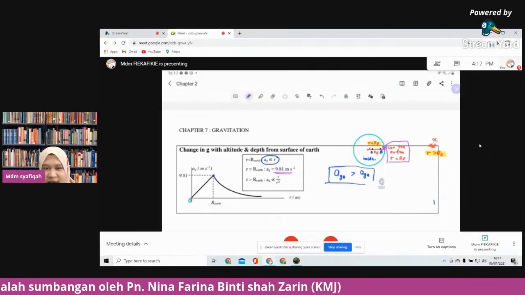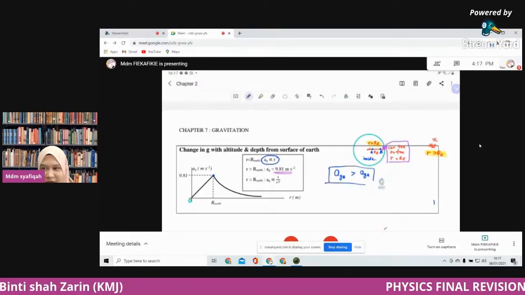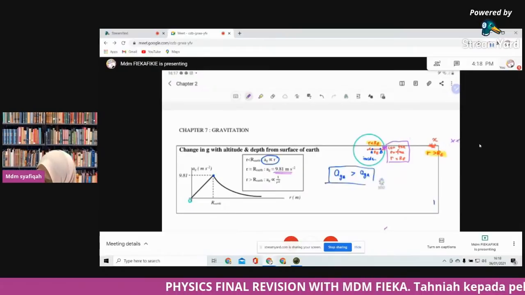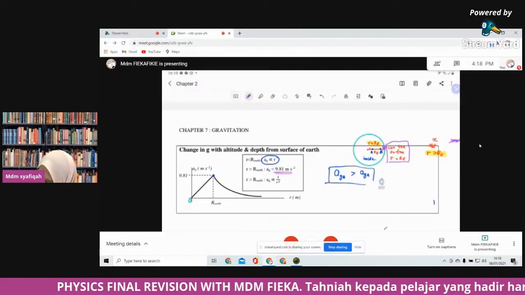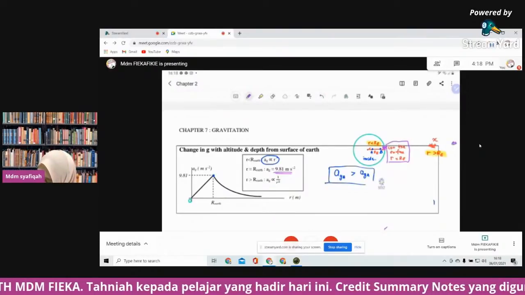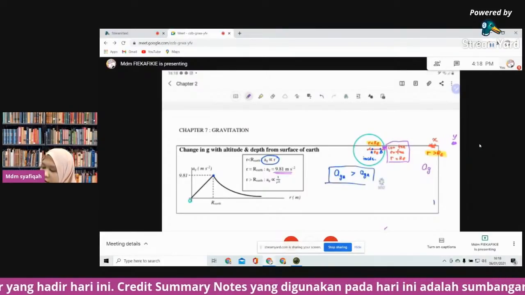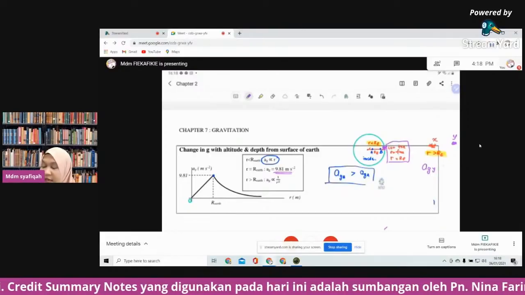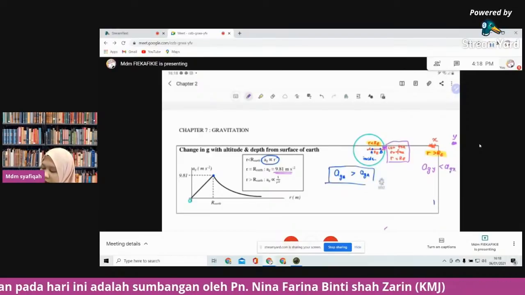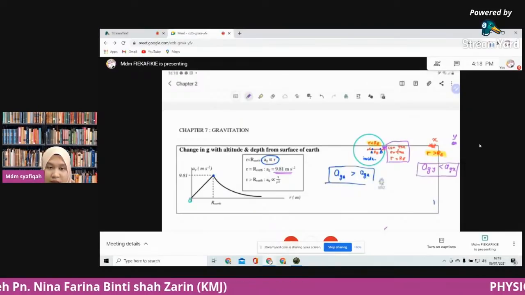And the farther you go out from the surface, I name this point X and this point Y. So the gravitational field strength at point Y is definitely smaller than the gravitational field strength at point X. So you must know the relationship and the graph.